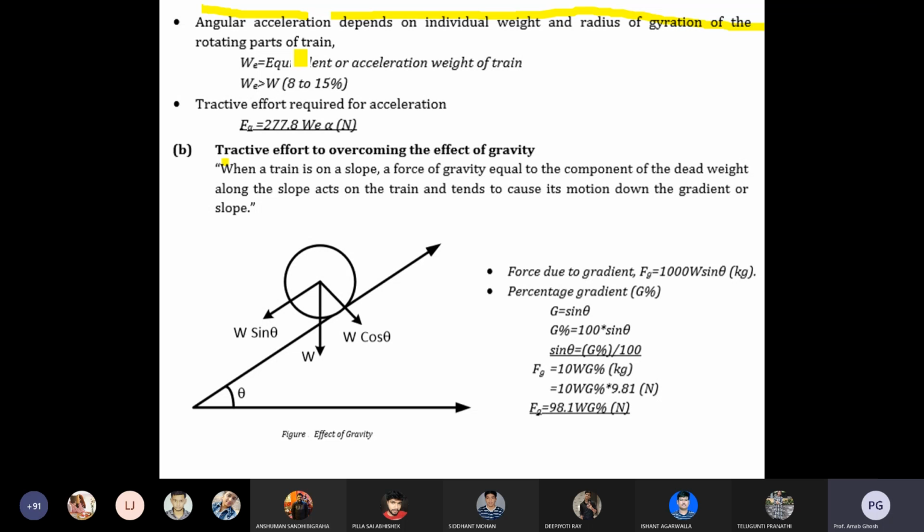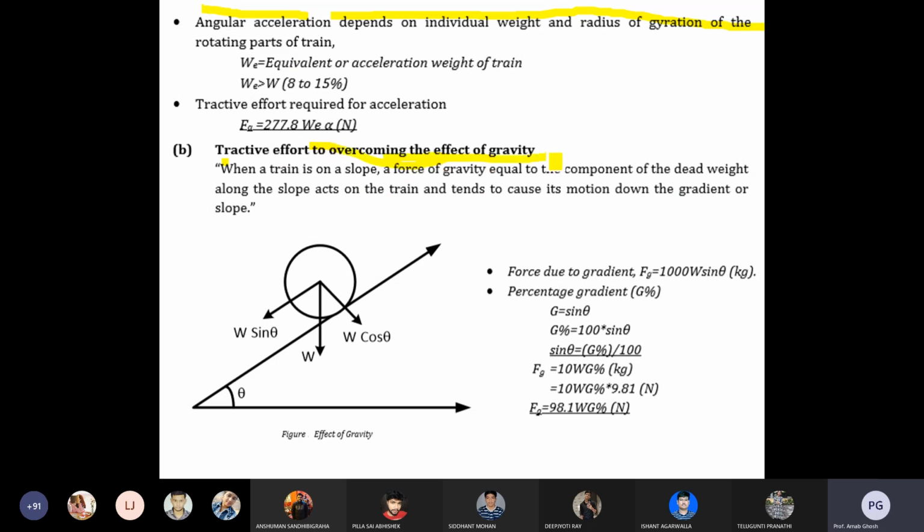These values are all standard values; you can cross-check any book and you will get the same type of value. Now what you need to do is find the tractive effort to overcome the effect of gravity.